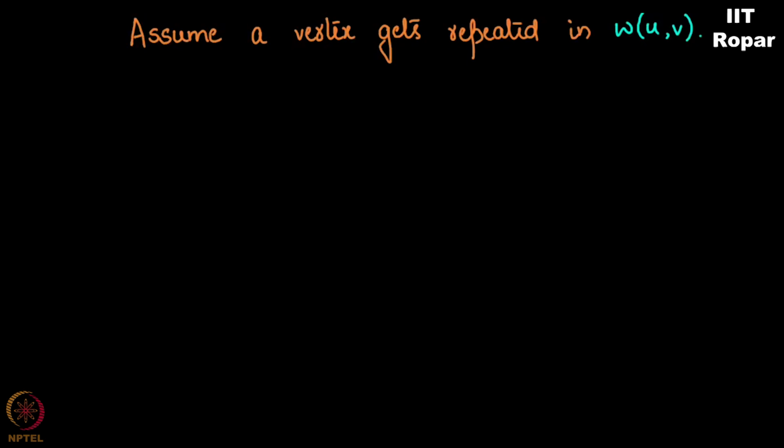We can write it as, let the walk W of UV be U starting from U, edge E1, another vertex say A, edge E2, so on. I'm going to go to the edge say Ei, then X. X is the vertex. Now this vertex is going to repeat, that is what we have assumed.